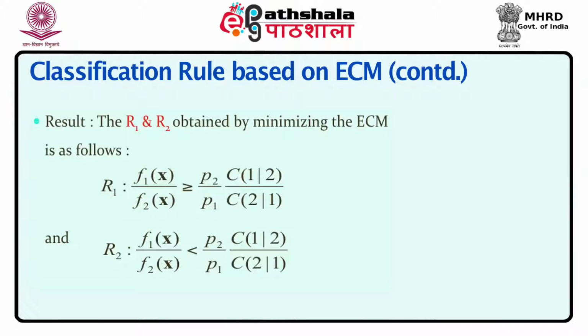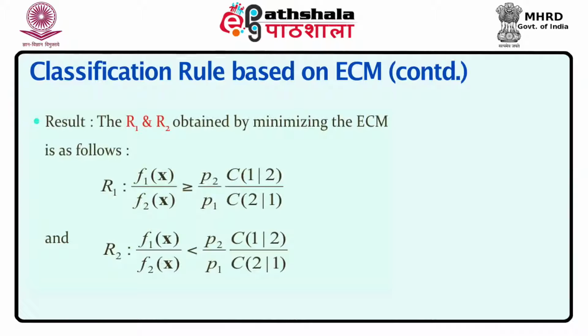Now what are these? On the left hand side we have f1(x)/f2(x), which is the ratio of the two densities. And on the right hand side we have two ratios. The first of these, p2/p1, is the ratio of the prior probabilities of coming from one or the other of the two groups, and the second is the ratio of the two costs.